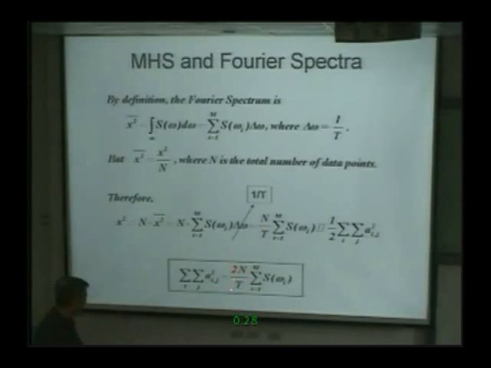This N/T, however, is actually the sampling rate, so it depends upon the sampling rate. N/T is the total number of points over the total time, and this is 2 times the sampling rate.